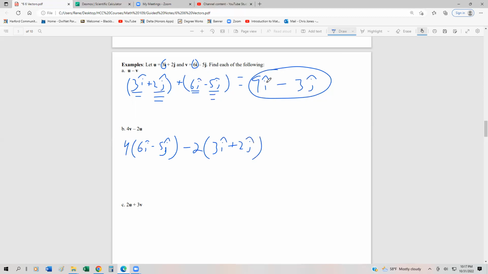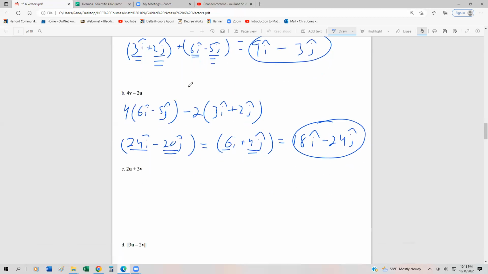And so if I distributed, I would get 24i minus 20j, and then minus 6i plus 4j. And so if I combine the i components, 24 minus 6 is 18i. Negative 20 minus 4j is a negative 24j.